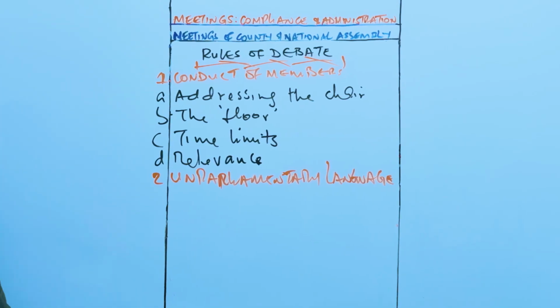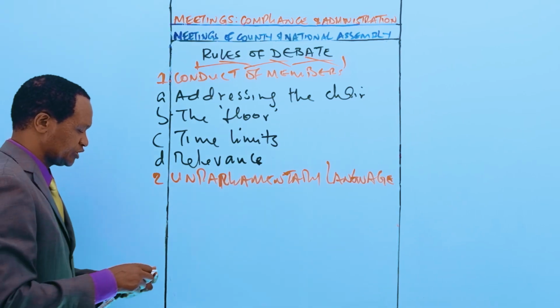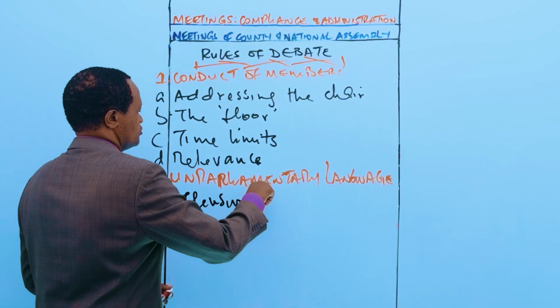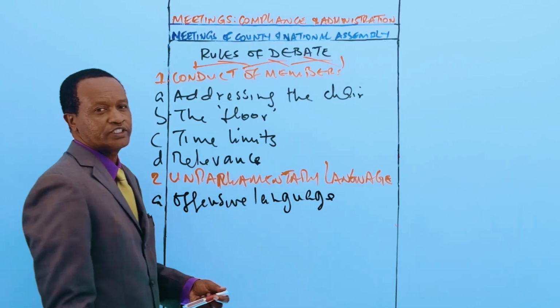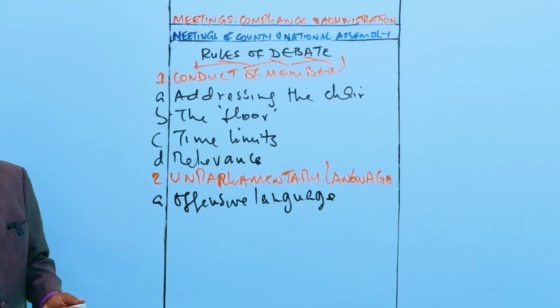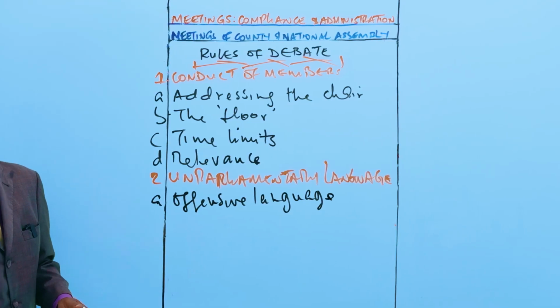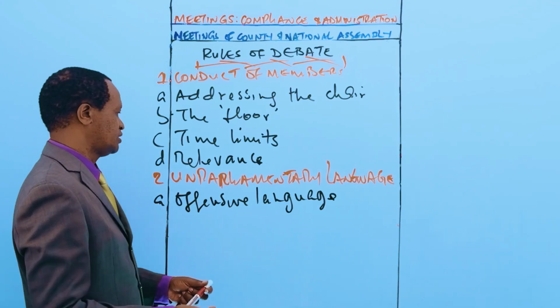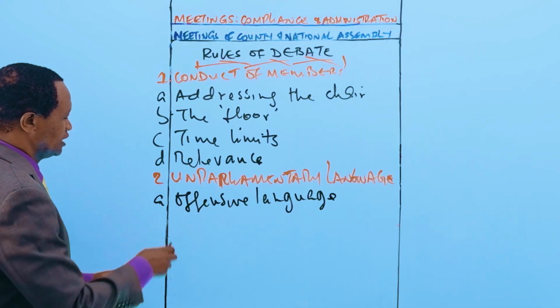To maintain the dignity of the House, certain behaviors are strictly banned, like using offensive language in the House. The use of insulting, abusive, or even defamatory language against the President, against other members, or even the House itself is prohibited. That is unparliamentary language.